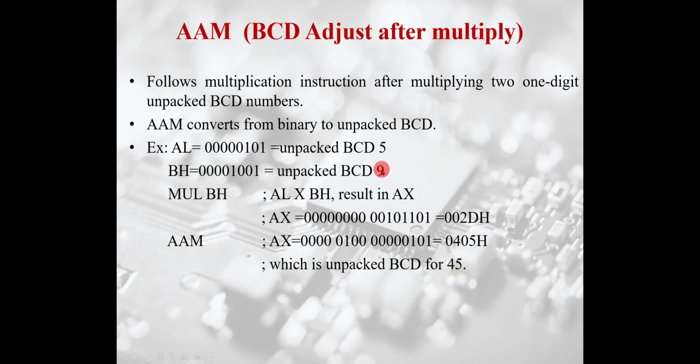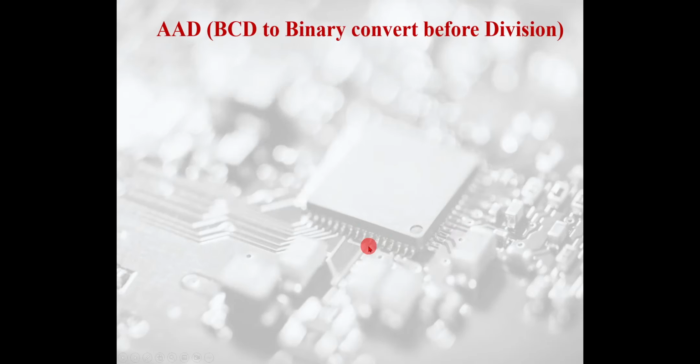Now 9 into 5 is 45, and if this is AL and this is BL, these are unpacked. If you multiply these two, you will get this answer, but this doesn't make any sense, so it doesn't decimal adjust. After that you need to add 3030 to make it ASCII.